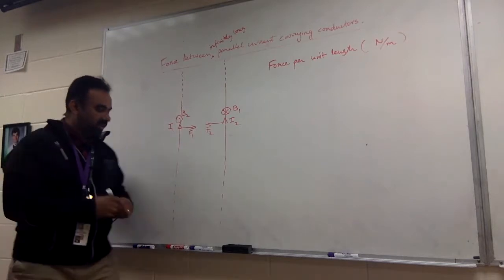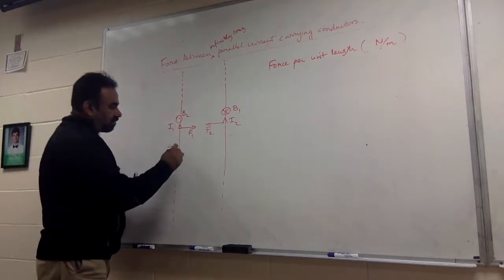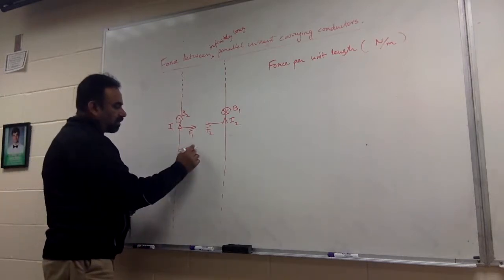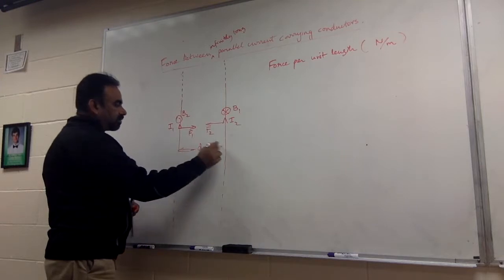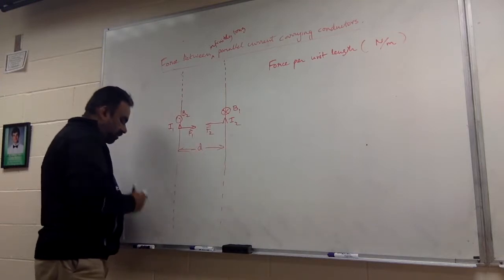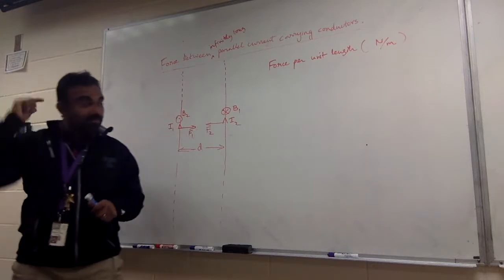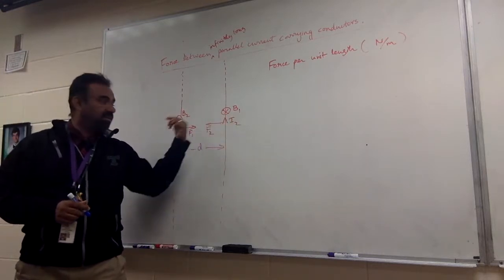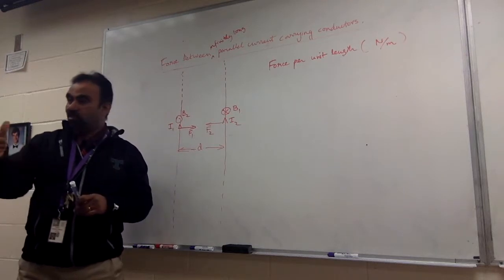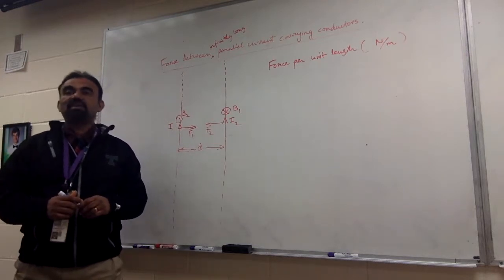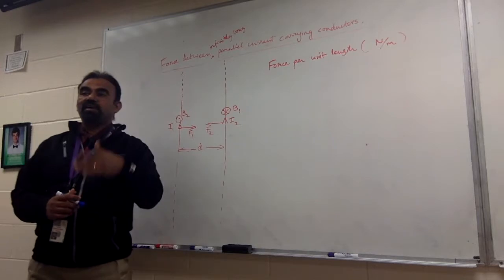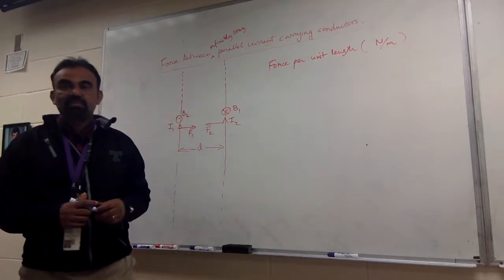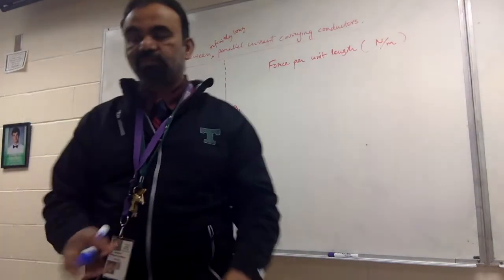Now, if the distance between the wires is D, can you tell me an expression for B1 created by this current I1? We've already gone through that. What is a magnetic field near a straight wire carrying current? You can turn your pages backward and find out.